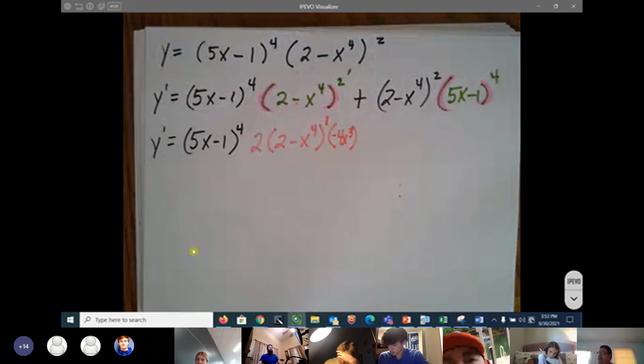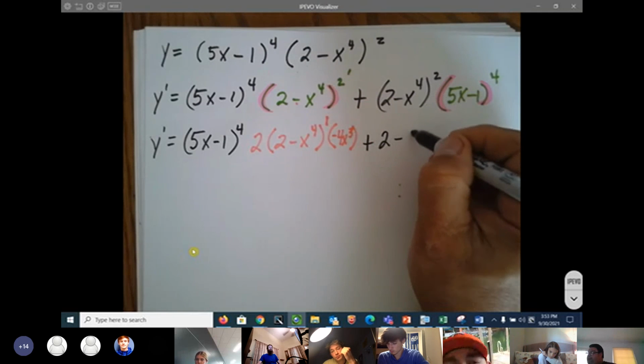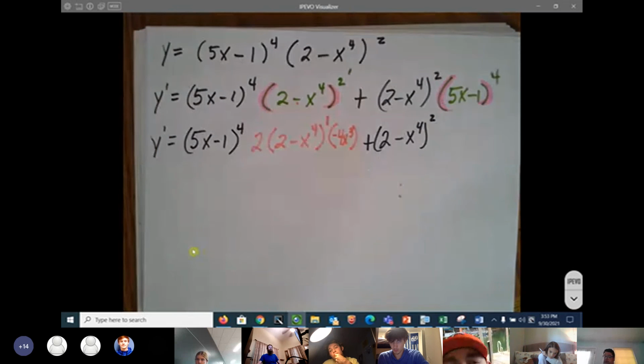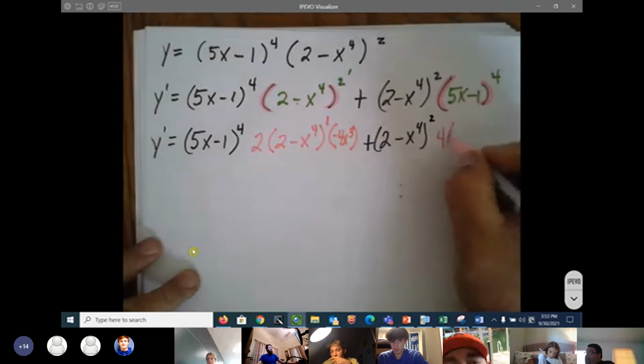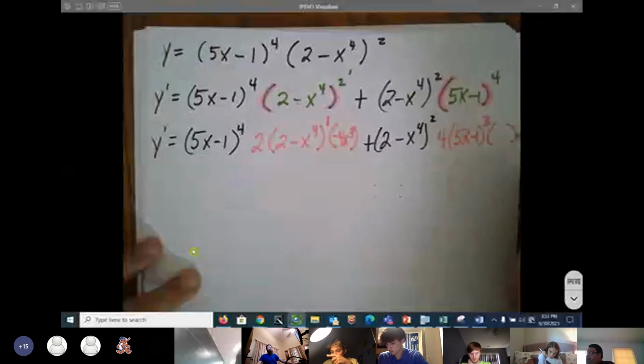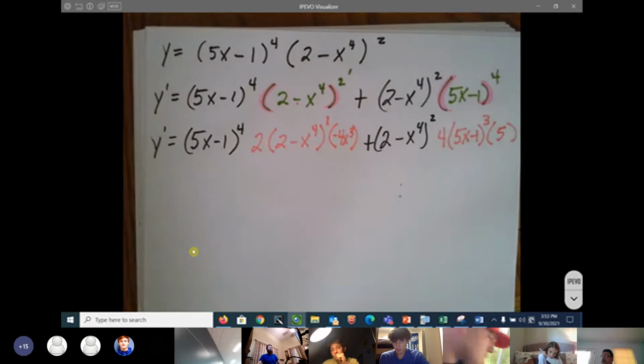Plus (2 minus x to the 4th) squared times 4 times (5x minus 1) to the 3rd. And then what is the derivative of 5x? 5. And now it's just algebraic cleanup.